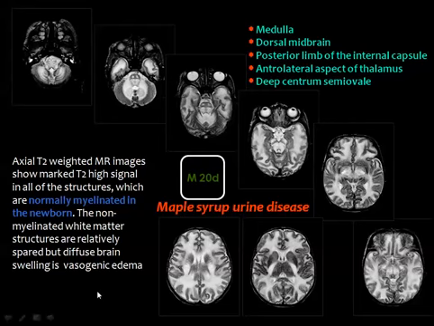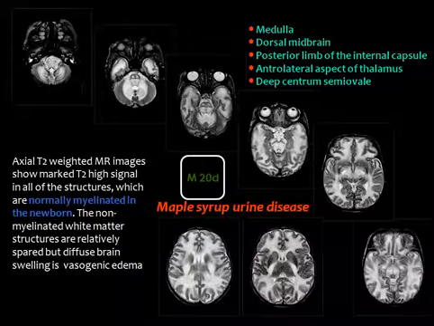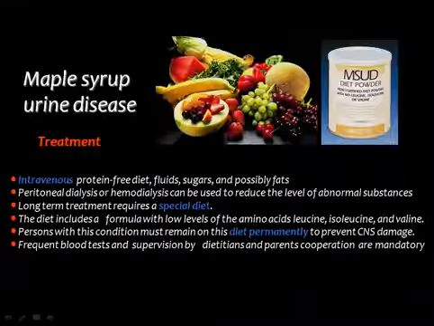These structures, which are normally myelinated at birth, appear of a very high signal, and this means that they are affected by vasogenic edema. While the unmyelinated white matter normally appears of high signal due to the increased water content, as I have mentioned before.